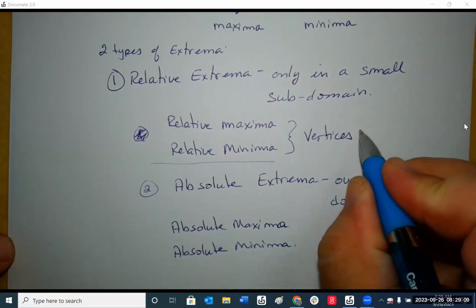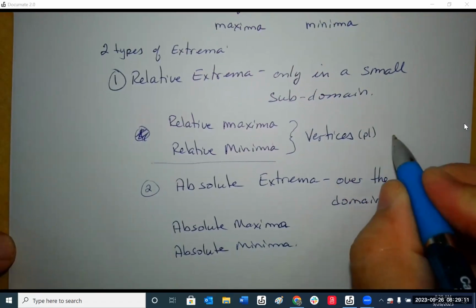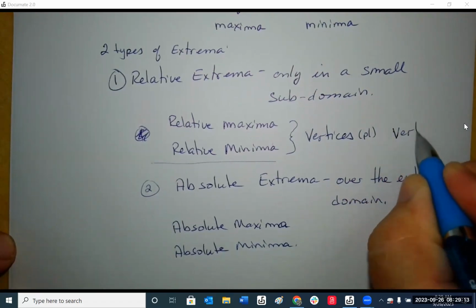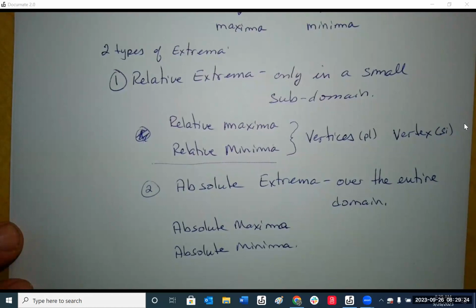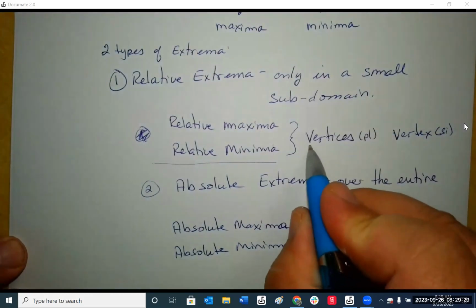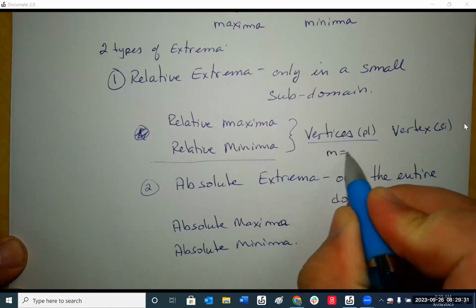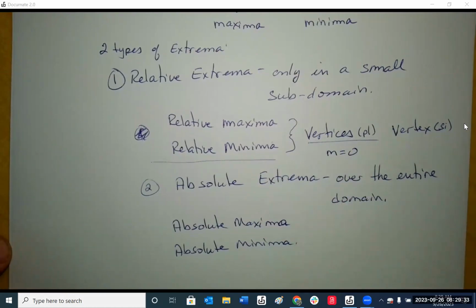This is the plural of the word vertex. This is singular. So the vertex, you have a vertex when your slope is equal to 0, because it's neither increasing nor decreasing anymore.